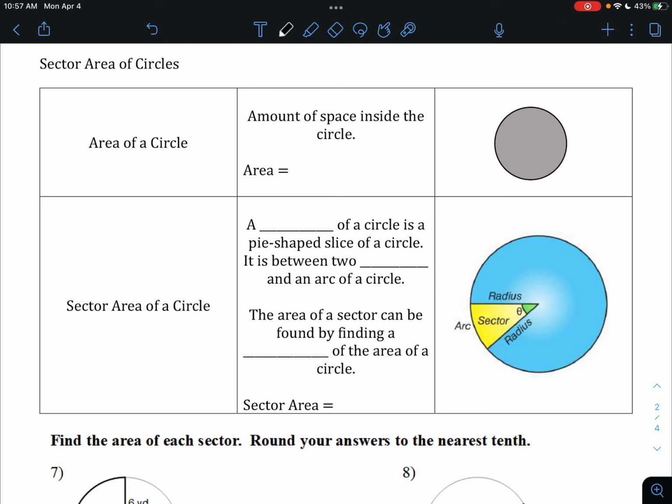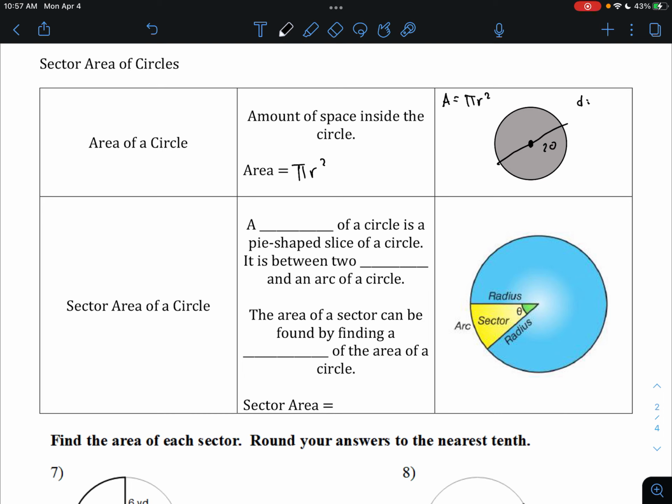And we should know that the area of a circle is pi times the radius squared. So if our area equals pi times the radius squared, let's say we have a diameter of 20. Now, if our diameter is 20, that means that our radius is 10.